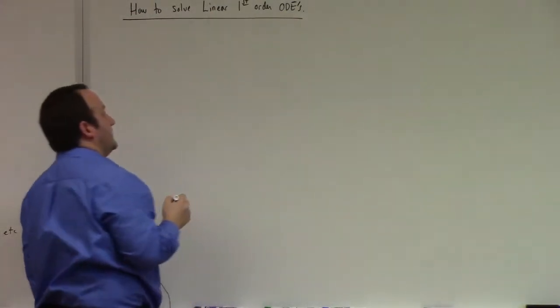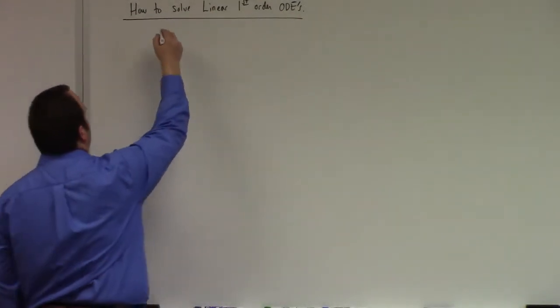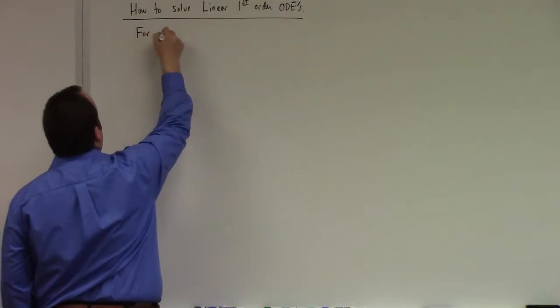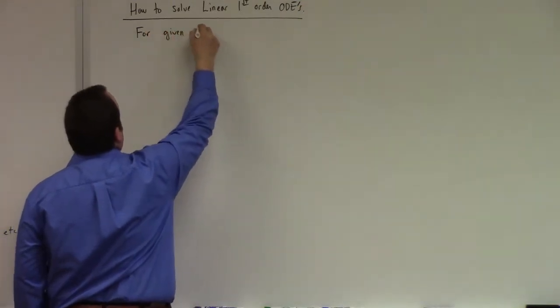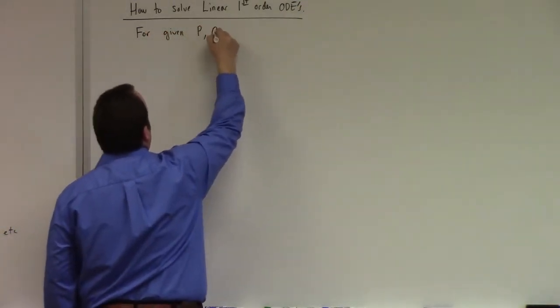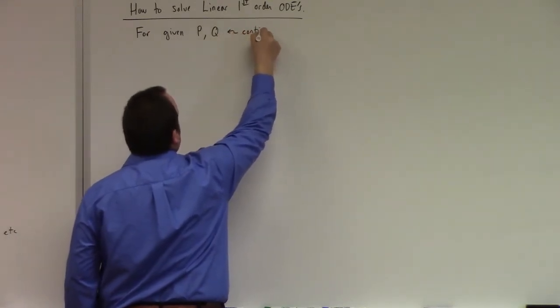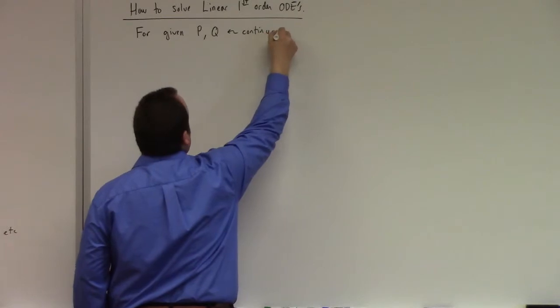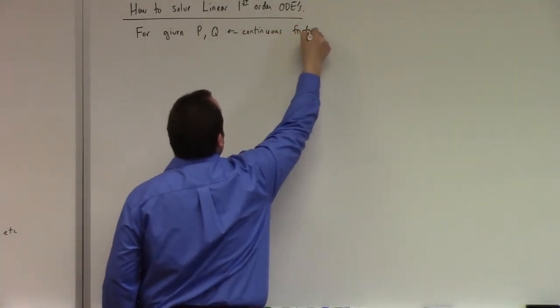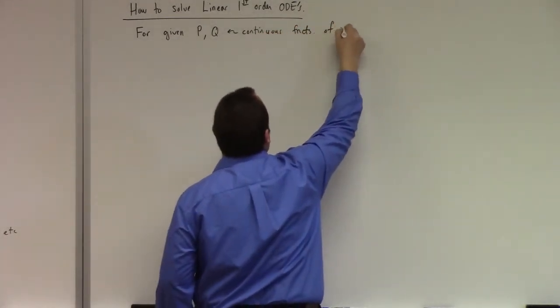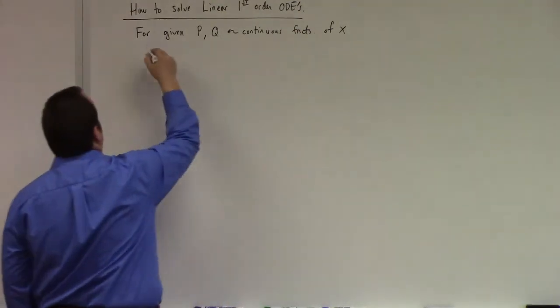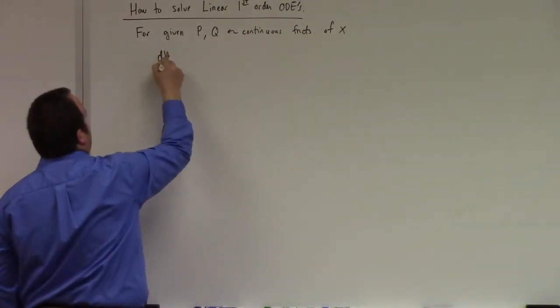So the problem we're facing mathematically is this. How do you solve for a given, let's say, P and Q? These we're going to assume are continuous functions of x. We want to solve the following problem.